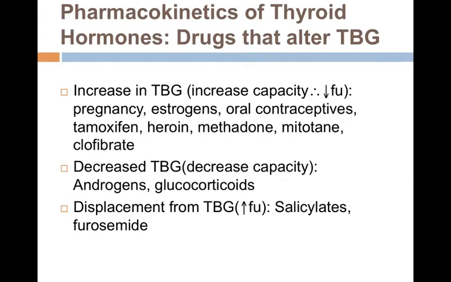Things that will displace thyroid from the thyroid binding globulin, therefore increasing the free fraction, would be salicylates and furosemide. As far as I know, we don't see this, or maybe it hasn't been put together clinically, but this has been seen in vitro.